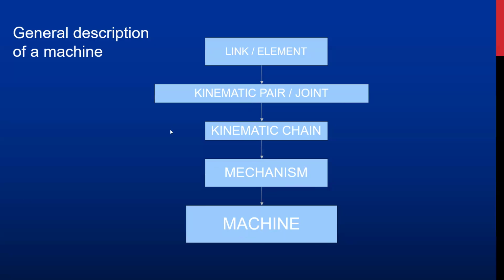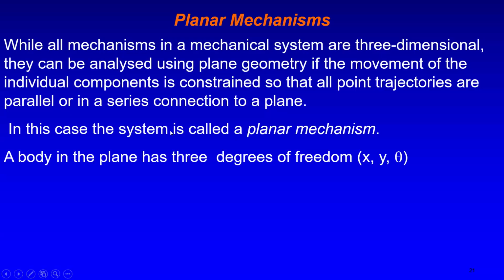Okay, let's continue again. Let's now look at the planar mechanism. While all mechanisms in a mechanical system are three-dimensional, that means they operate in 3D, which is X, Y, Z, they can be analyzed using what we call plane geometry.